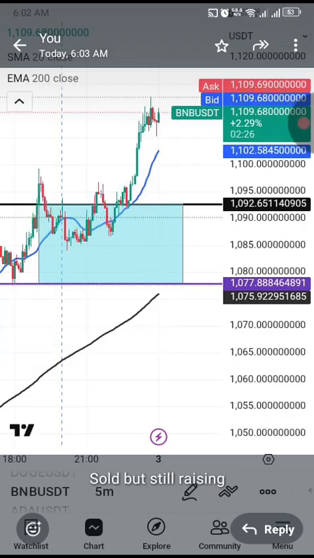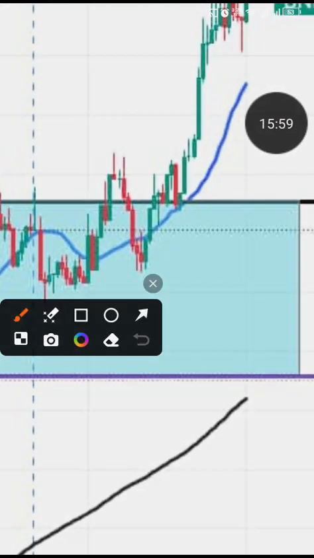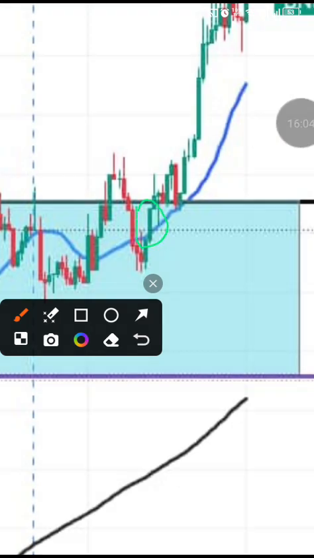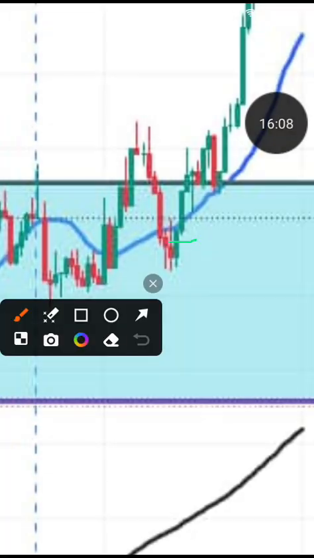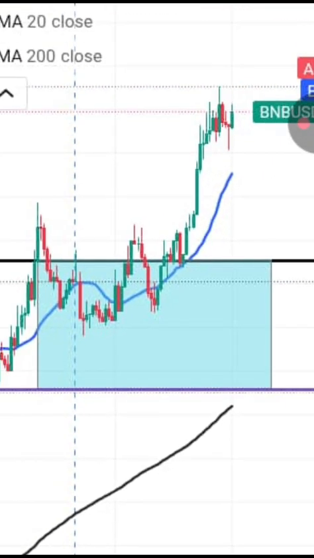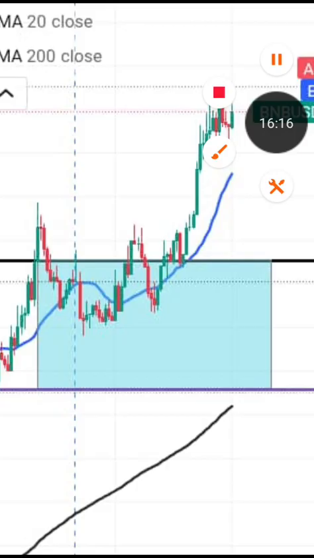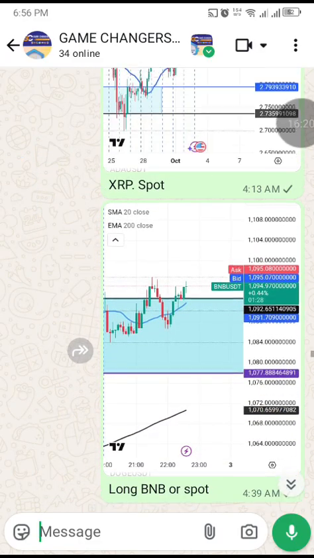If you can see here, the candle crossed over above the line, then to enter, you would enter here after this bullish engulfing pattern. Then I took this ride up, but for me I was not trading it, but I had given it to the group. These are the signals that I had.